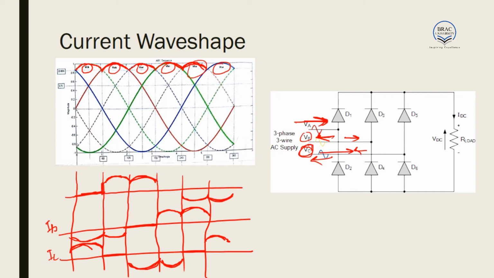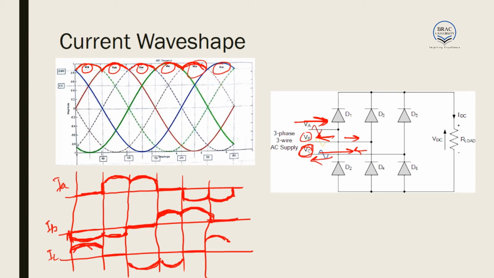So the current wave shape will look like the following. IA will look something like this. IB will look like this. Here we have current, then we have 0, then here also we will have two current peaks, and here we have 0.